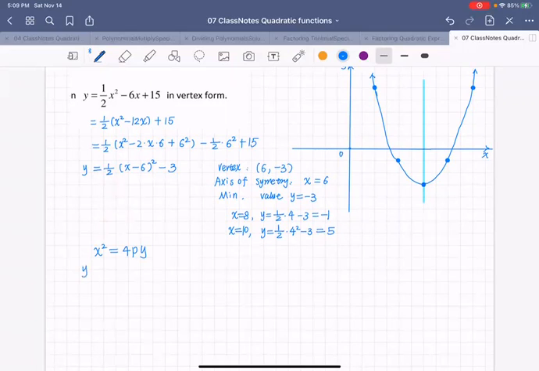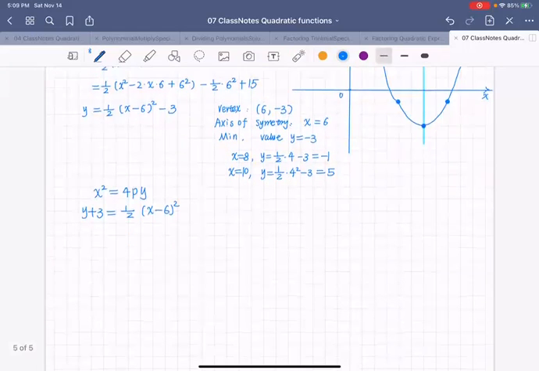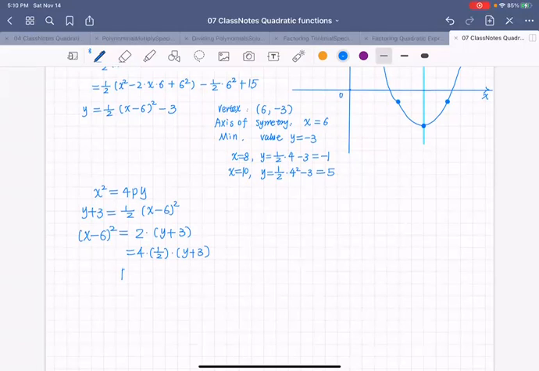We make y plus 3 equals 1/2 times (x minus 6) squared. So you want to make (x minus 6) squared on the left. This means 4 times 1/2 times (y plus 3), so p is equal to 1/2, right?